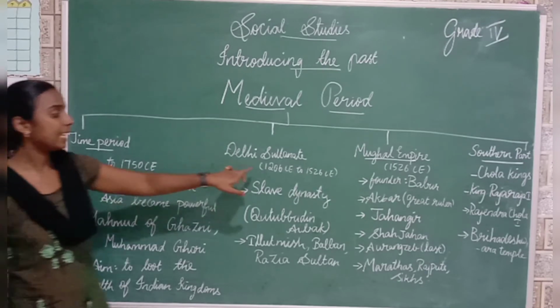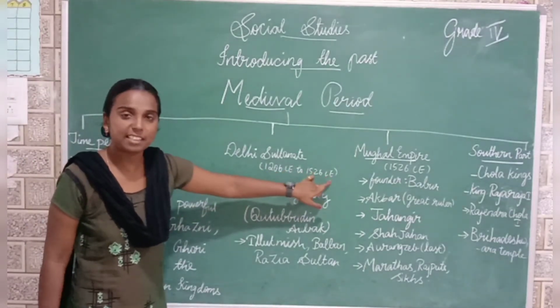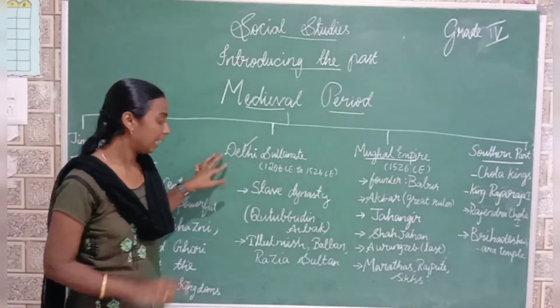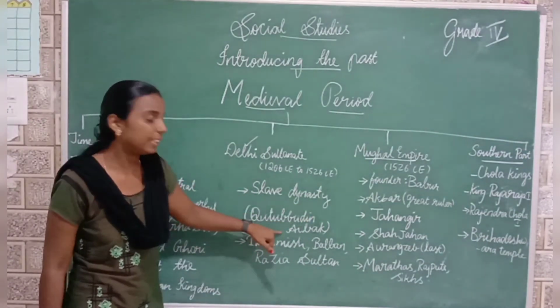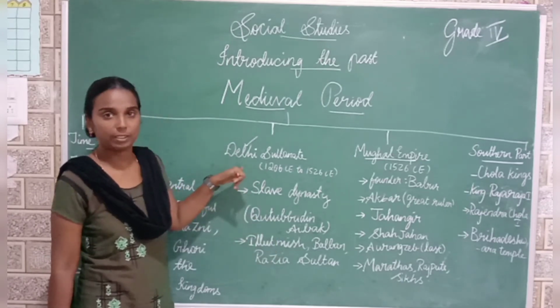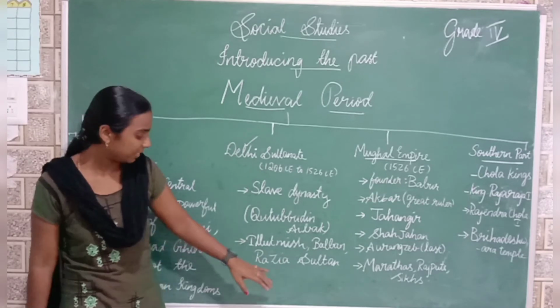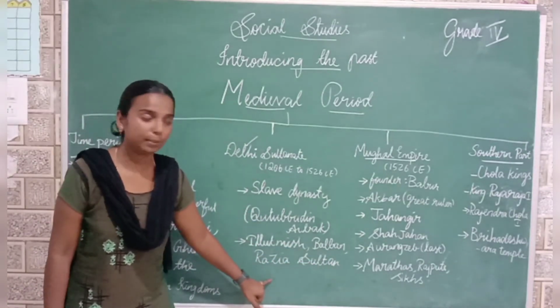Next, from 1206 Common Era to 1526 Common Era, the Delhi Sultanate became more powerful, and in this time the slave dynasty founded by Qutbuddin Aibak was one of the powerful dynasties under this Delhi Sultanate. Some of the powerful rulers in this Delhi Sultanate were Iltutmish, Balban and Razia Sultan.